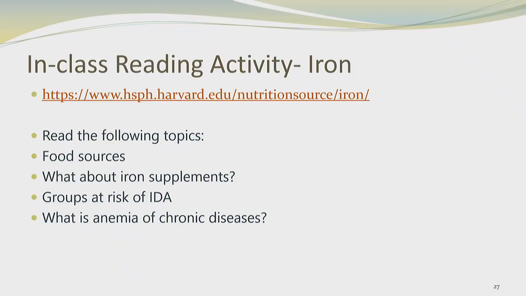We also talked about how you can convert non-heme to heme, which is more readily absorbed, by eating with vitamin C or ascorbic acid. Okay. So what did we learn about iron supplements?